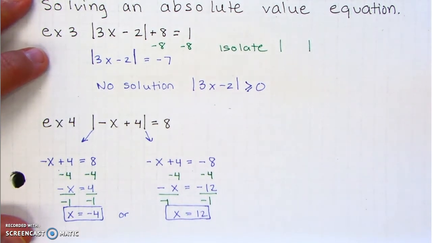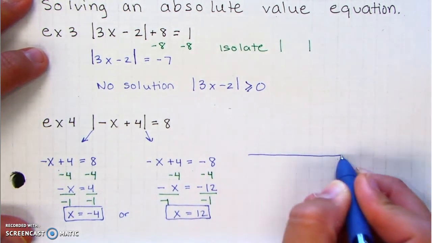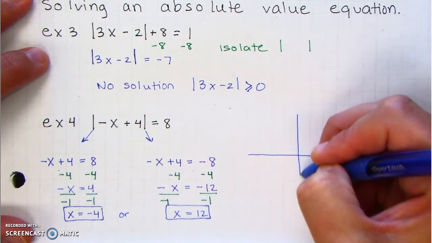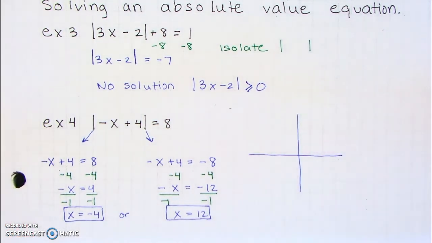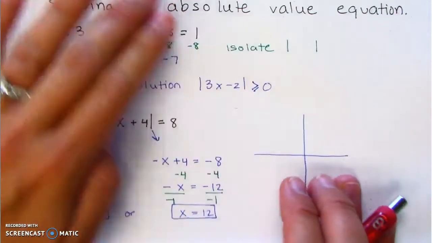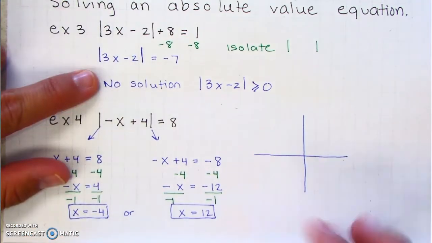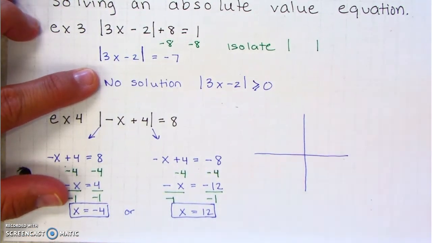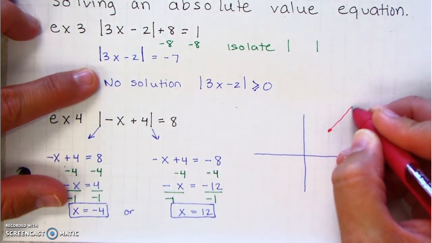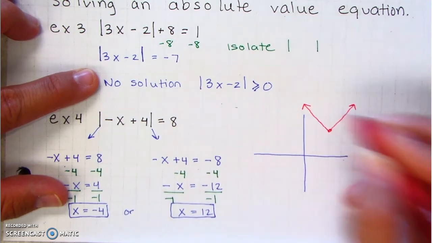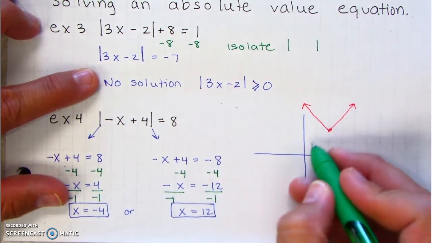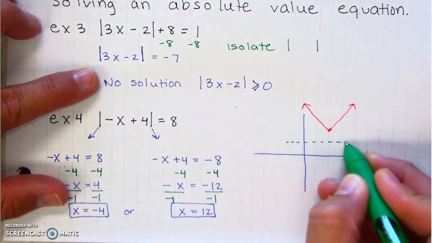Still with me? All right, what would that look like on a graph? I'm not graphing this to scale, I'm making this up, so this graph doesn't match either of these. How would you get no solution? You would get no solution when you're talking about a y value that's below the curve, the absolute value.